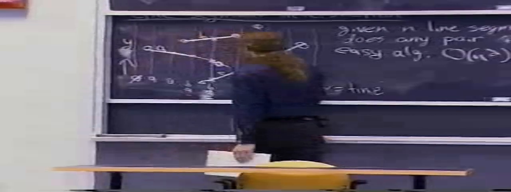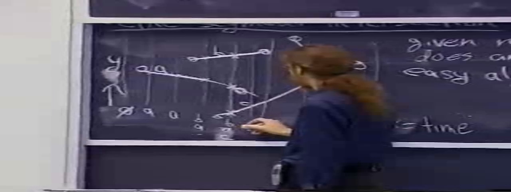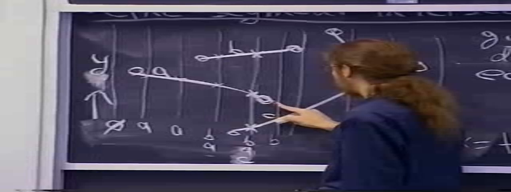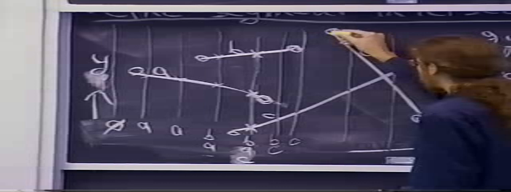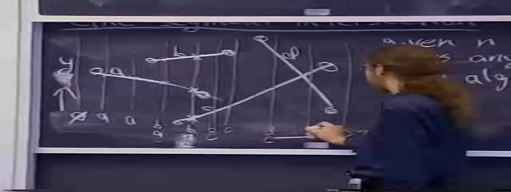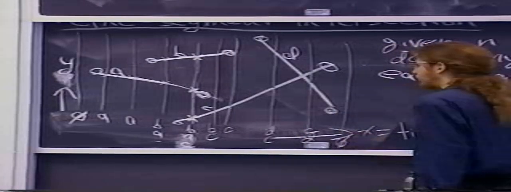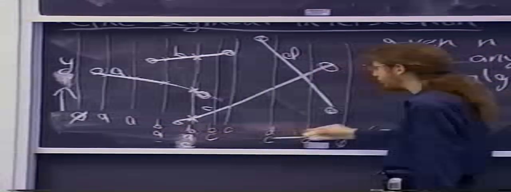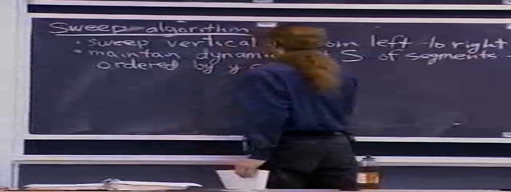Over here, it's a particular intersection where we lost C. So now we lost A. So now it's just BC. Here it's just C. Here it's D and then C. Here, after the intersection, we get C and then D. And eventually we get nothing. So that's how my dynamic set will progress as time goes along. In particular, I want to keep it ordered by y-coordinate of the intersection.